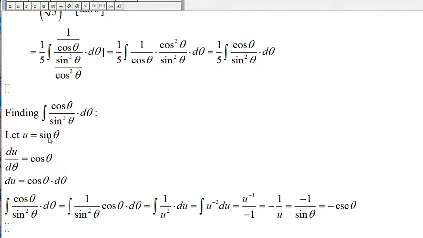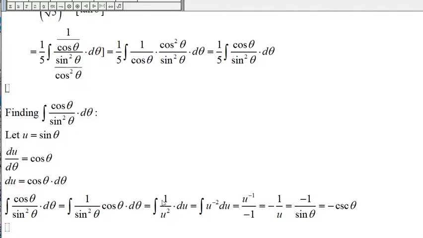Let U be sine of theta. du d theta will be cosine of theta. So du is cosine of theta d theta. The integral of cosine dividing by sine squared, rewrite it as 1 over sine squared times cosine theta d theta.